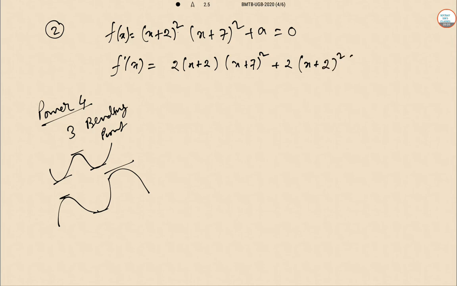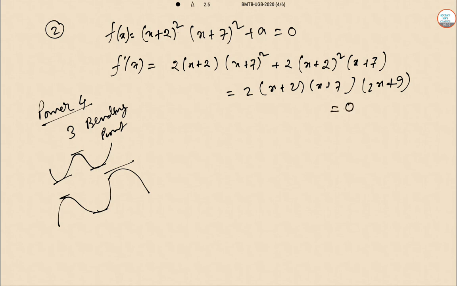For (x plus 2) square into (x plus 7) square, a is constant, so 2 into (x plus 2) can be taken common, (x plus 7) can be taken common, and it will come up with (2x plus 9). Once this has been reached, the first order is equated with 0, so x will give you the values minus 2, minus 7, minus 9 by 2.